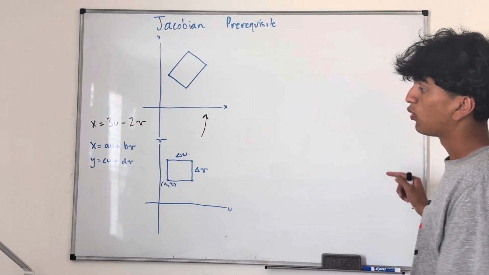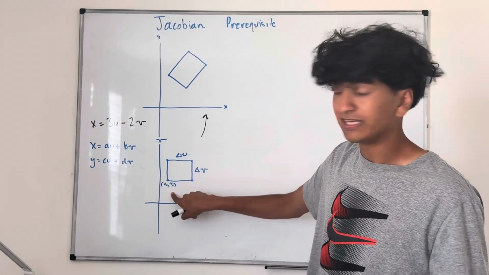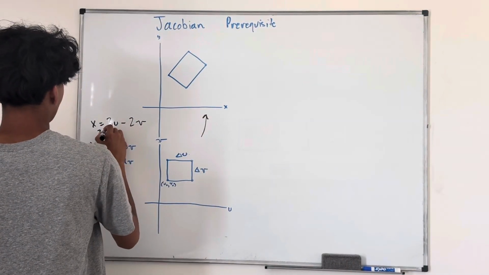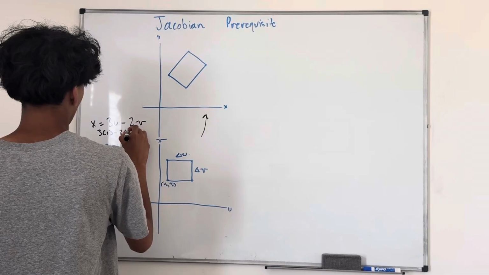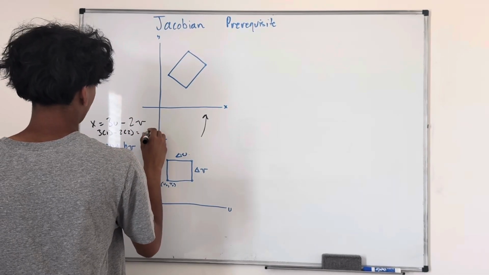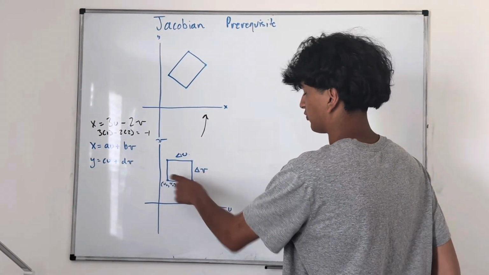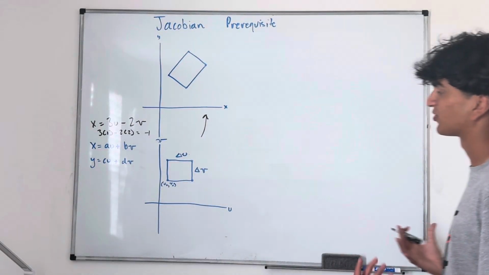At this point, which is (1, 2), if you do 3 times 1 minus 2 times 2, you would get -1. So this point, when transformed, would have an X coordinate of -1.